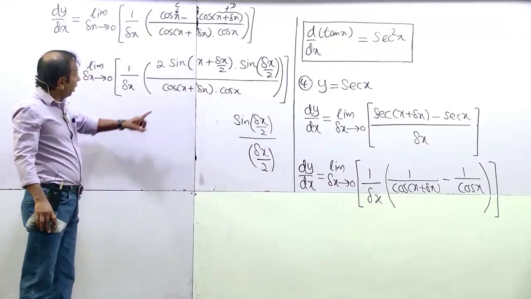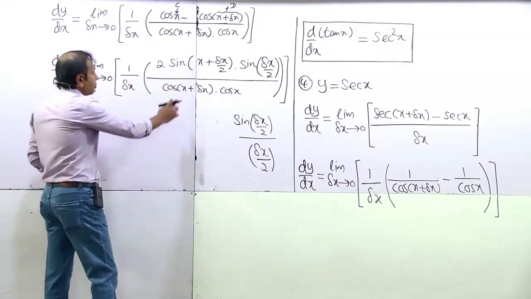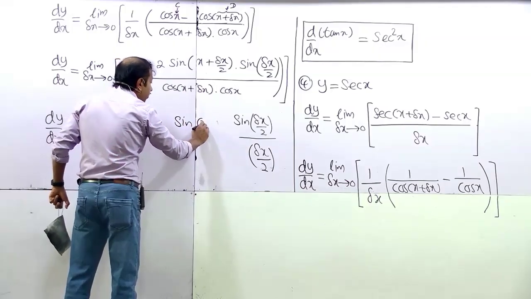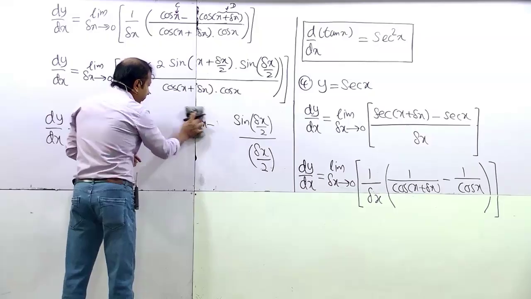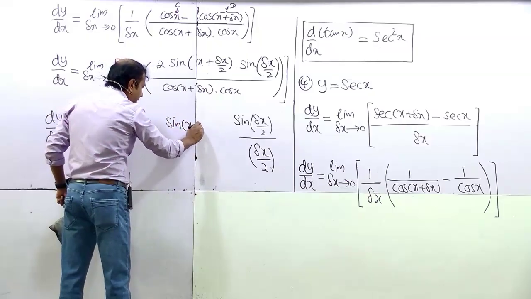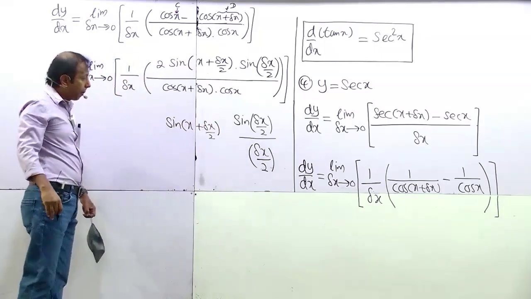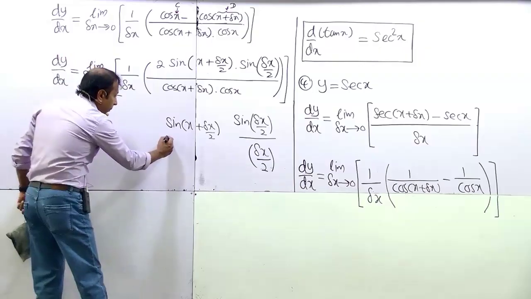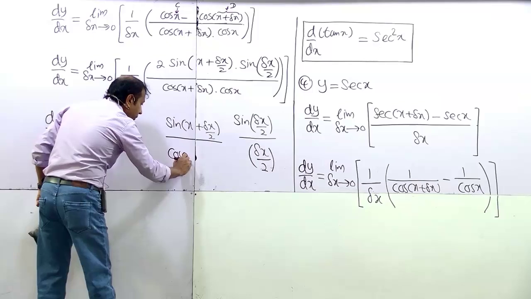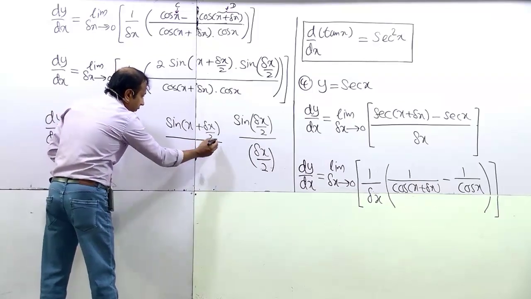Now, here we have this term and this term, right. So now I write next one this, sine(x plus delta x by 2), okay. And here cos(x plus delta x) into cos x.